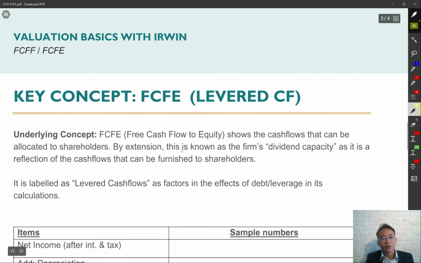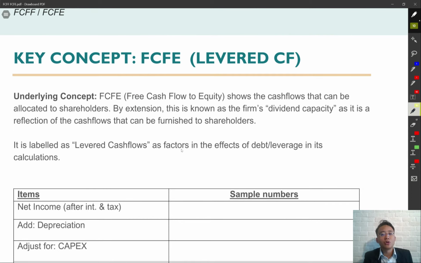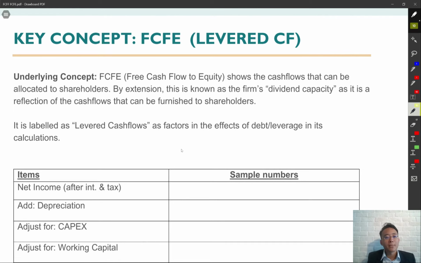Let's continue on. What about free cash flow to equity? FCFE. Now, free cash flow to equity shows the cash flows that can be allocated to shareholders only. So what is the difference?